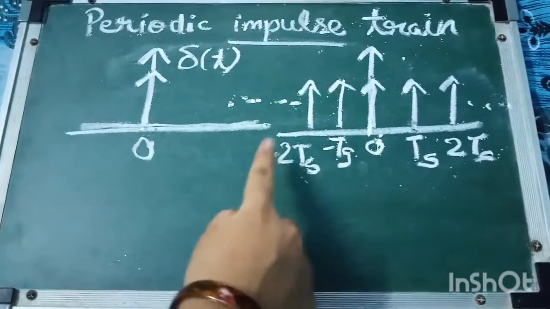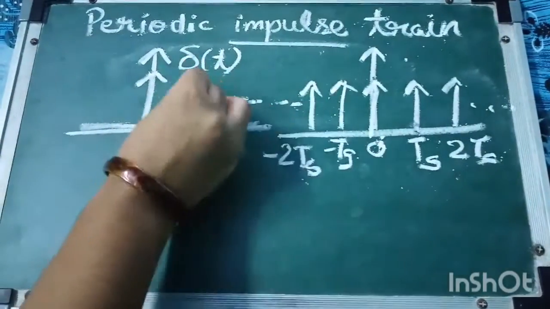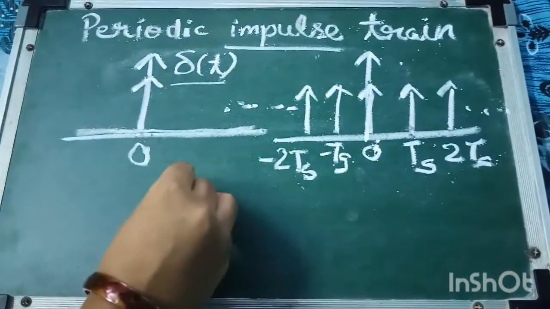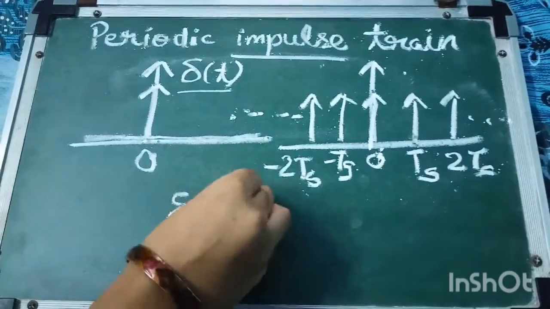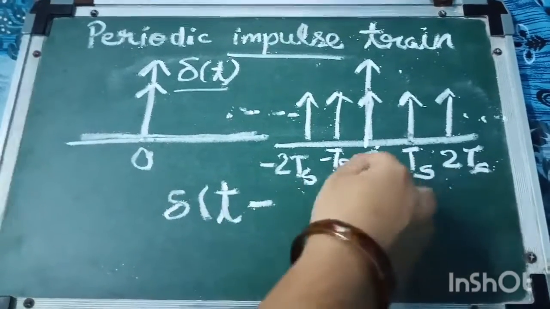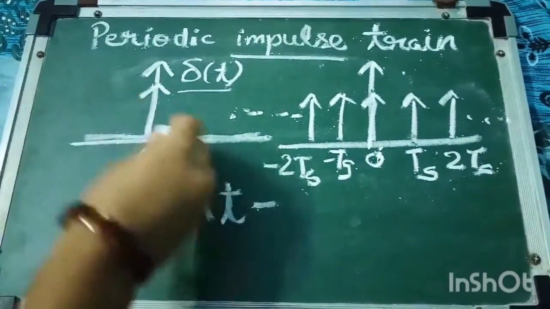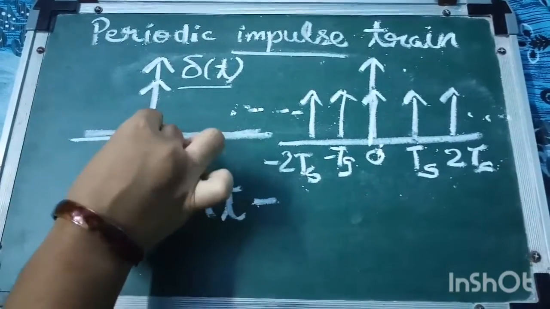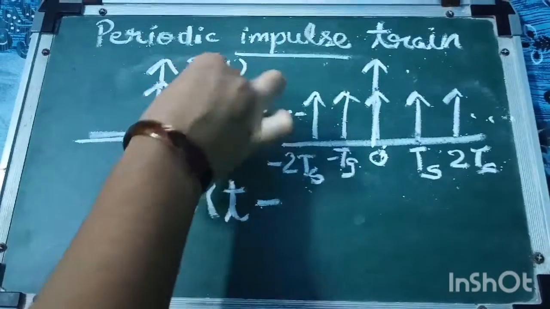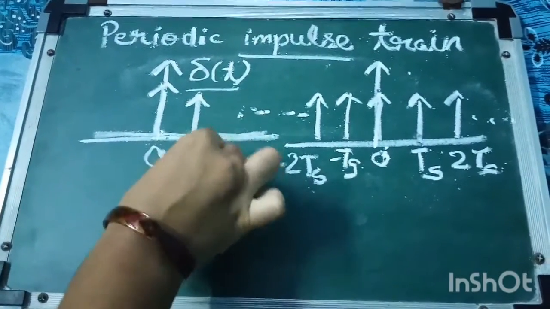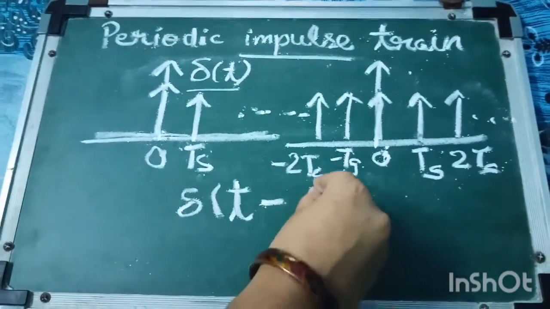So if I want to write the equation, I am denoting the impulse signal by del of t. So our equation can be del of t. And what we are doing over here, to get an impulse train, I can shift this impulse signal to the right. So I'll get Ts. By how much am I shifting? Ts.